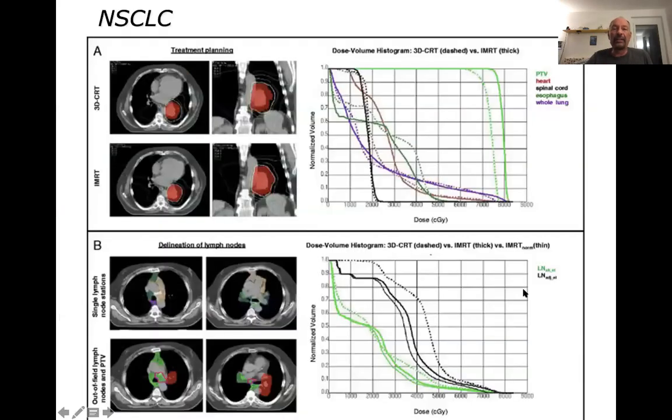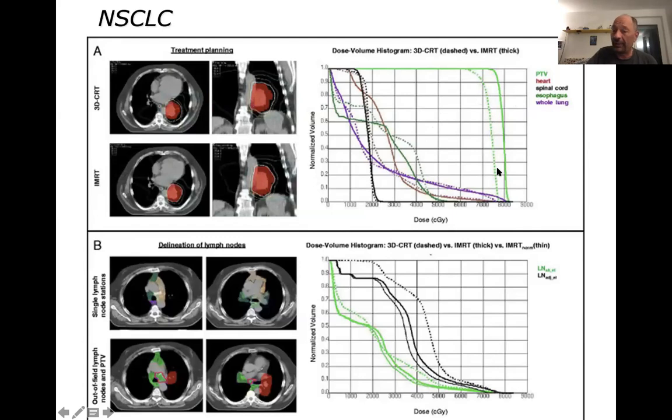Okay. This is now the dose volume histogram for a comparison of IMRT and 3D CRT for non-small cell lung cancer. So the type of lung cancer generally treated with radiotherapy is the non-small cell lung cancer. And you see the clear advantage that you have moving from the dashed line, 3D CRT, to the thick lines that is IMRT.